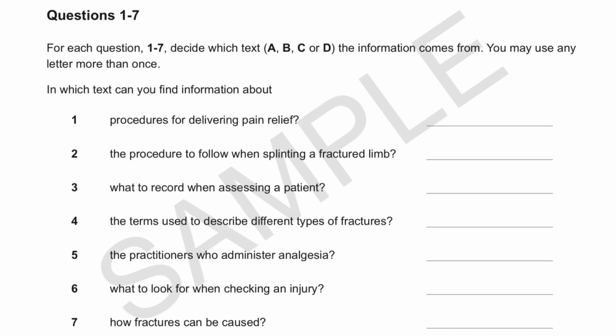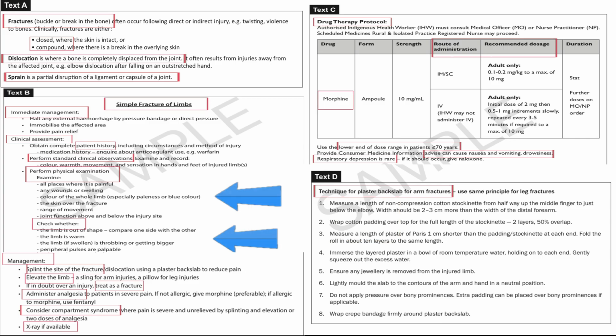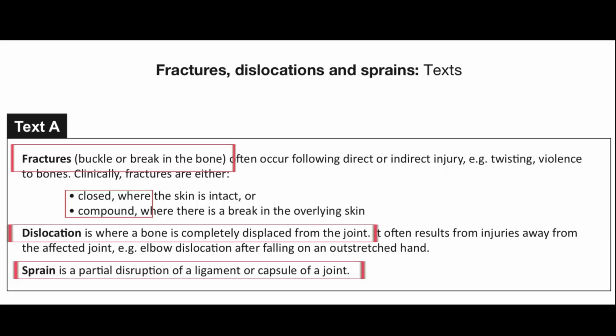Number 4, terms used to describe different types of fractures. So keywords are different types of fractures. So looking at the extract, you know that this info can be seen in text A because text A is about the definition of different types of fractures or definition of terms.